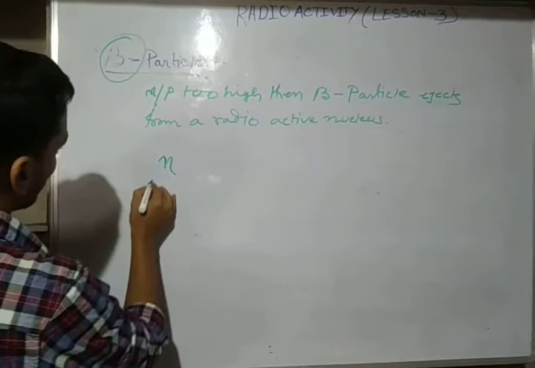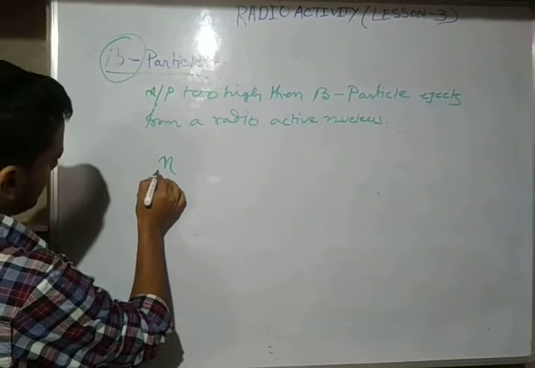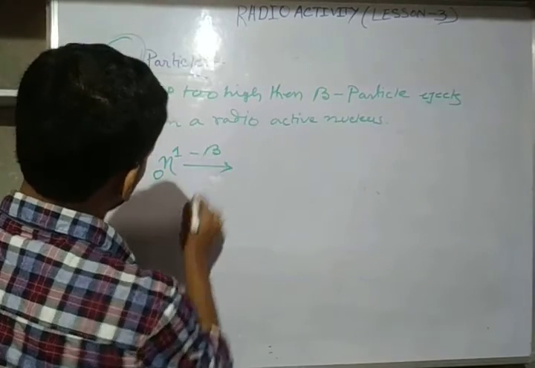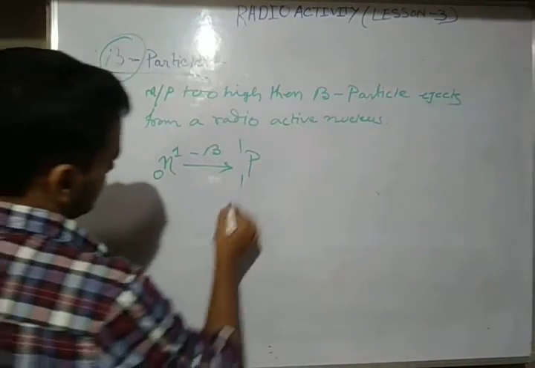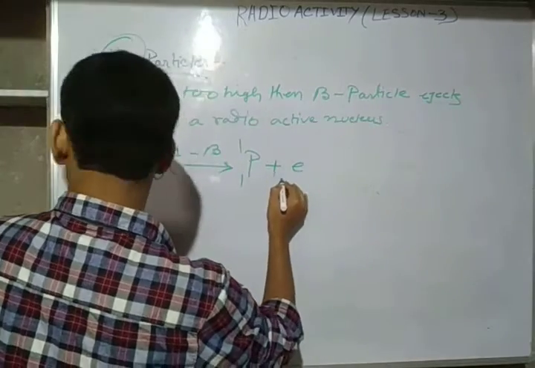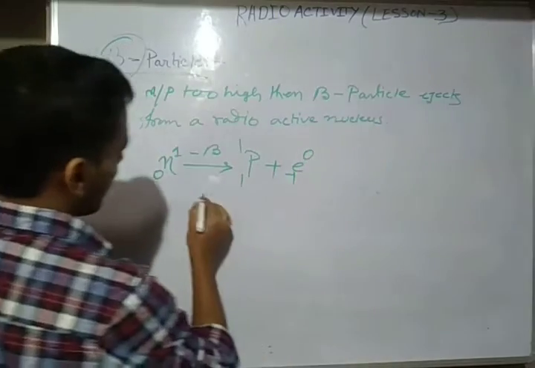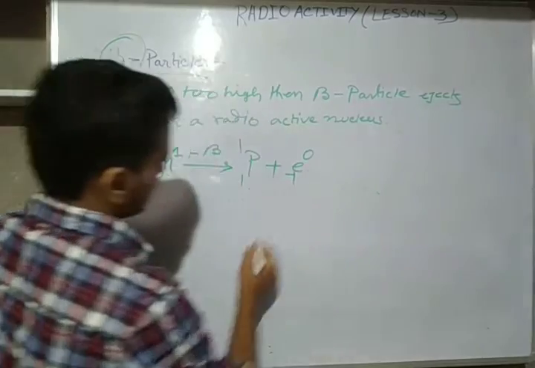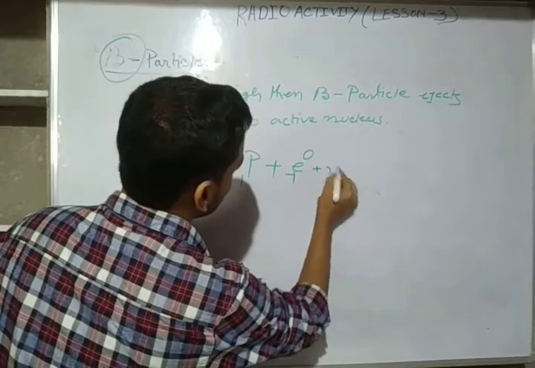So let's take a neutron, chargeless, mass 1. When a beta particle is emitted, it's converted to a proton, and together some energy is released, and an anti-neutrino particle.